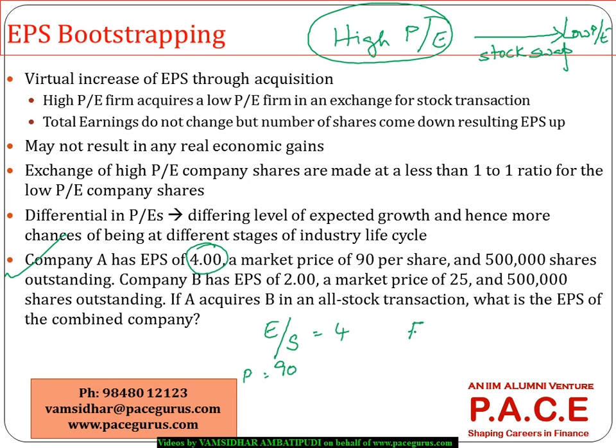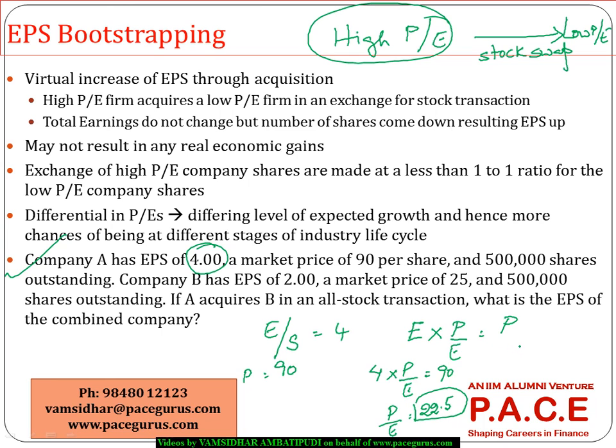We generally see EPS into P by E is equal to market price. We already know that the EPS is 4 and market price is 90. So from here I know that for this company the P by E is 22.5.